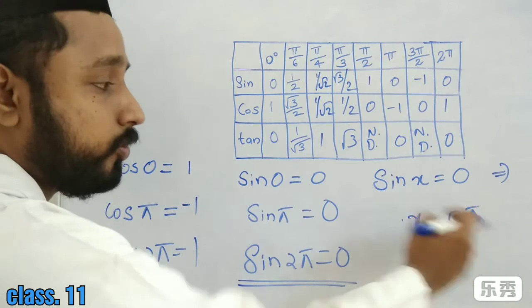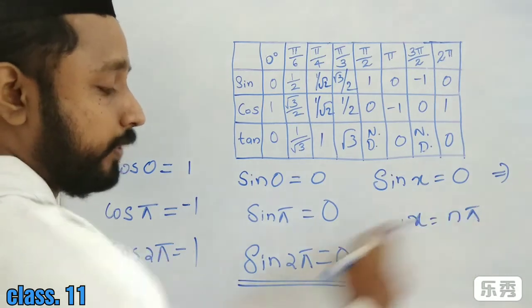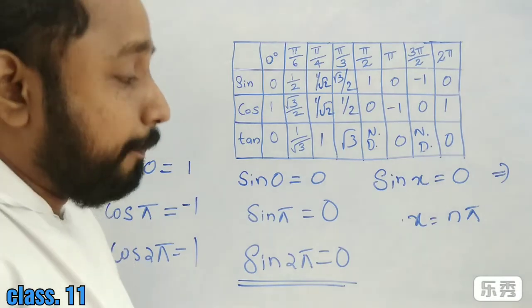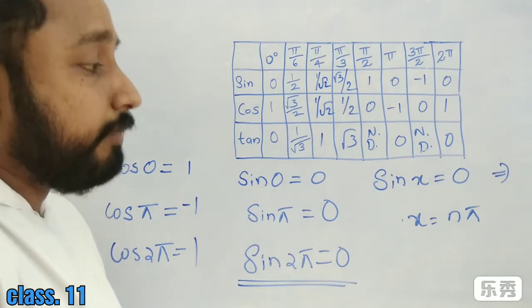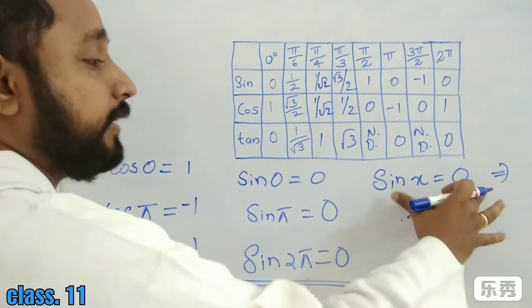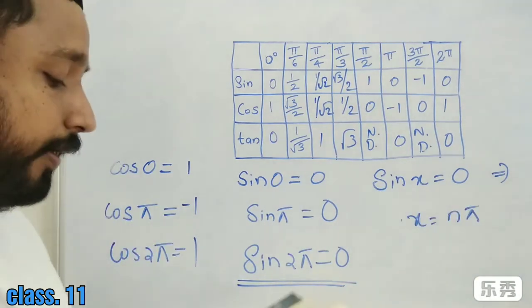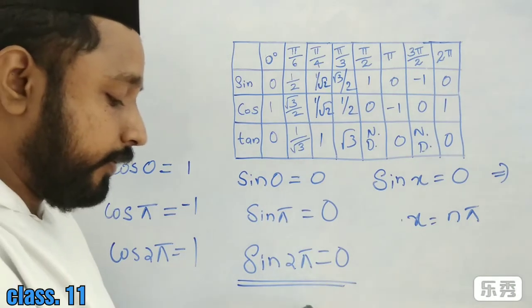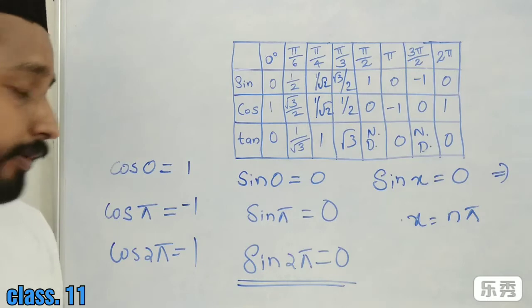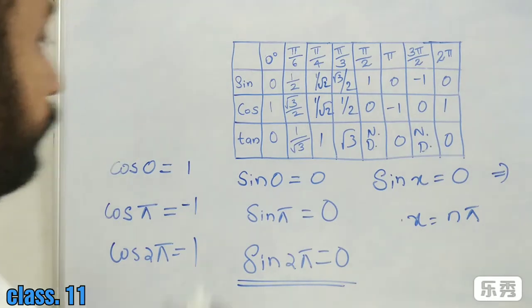When n is equal to 2, sin n pi means sin 2 pi, which is also 0. So when x is equal to n pi, sin x is equal to 0. In general, sin x is equal to 0 implies x is equal to n pi, where n is an integer.